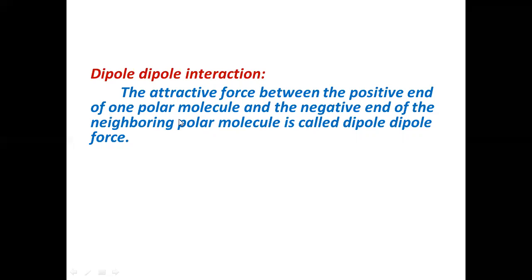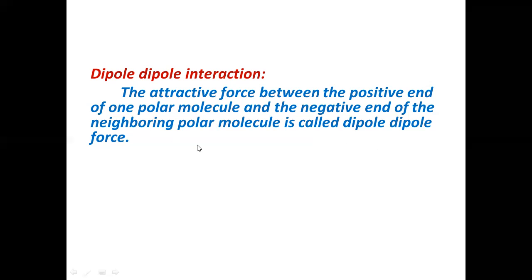Due to the difference in electronegativity, the two atoms get partial positive and partial negative charges. So two polar molecules attract each other with a force, and that force is called dipole-dipole force.